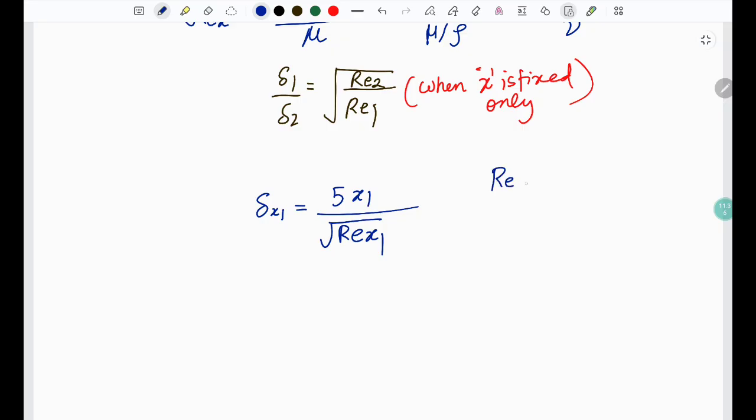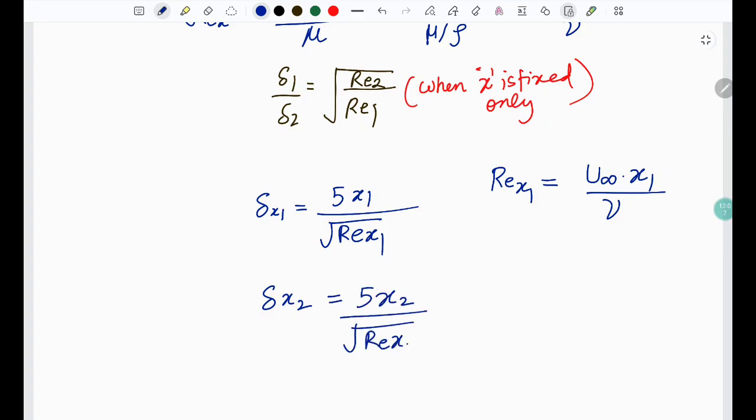Now root Re x1 or Re x can be written as root of u infinity x1 over nu, and delta x2 can be written as 5x2 over root Re x2.